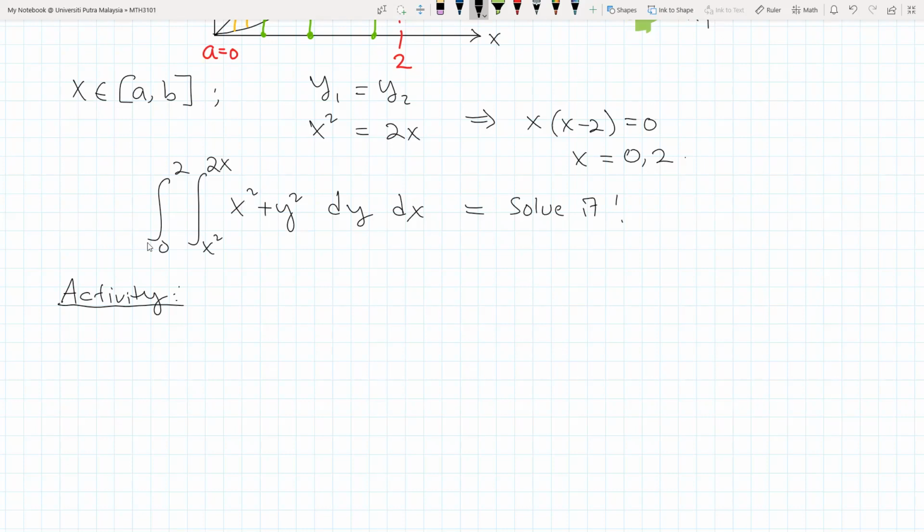Okay, let's look at number 2, activity number 2. Evaluate the integral in region R for the function 2x squared minus 3y dA. So this is the function.